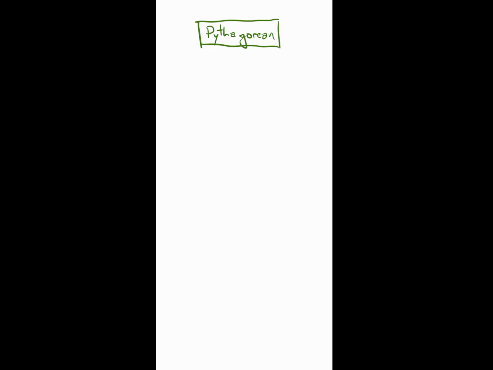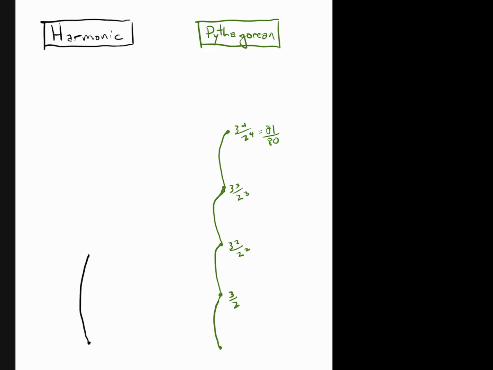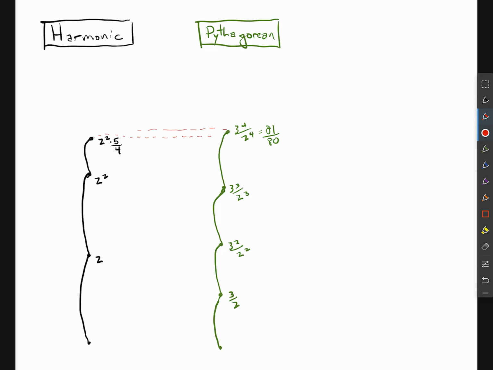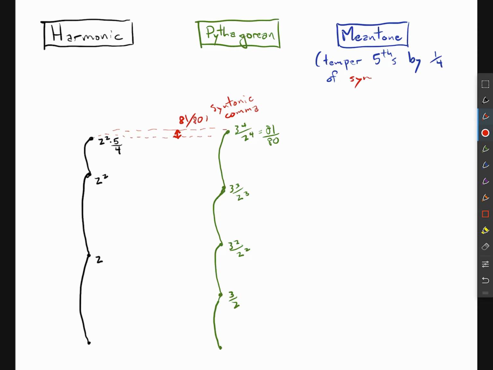If stacking 4 fifths results in the ratio 81 to 64, which is a bit sharp, in particular a syntonic comma sharp, than the ratio 5/4, what if we shave off a little bit from each of those perfect fifths? That is, we temper each fifth by 1/4 of a syntonic comma, or about 5.4 cents.